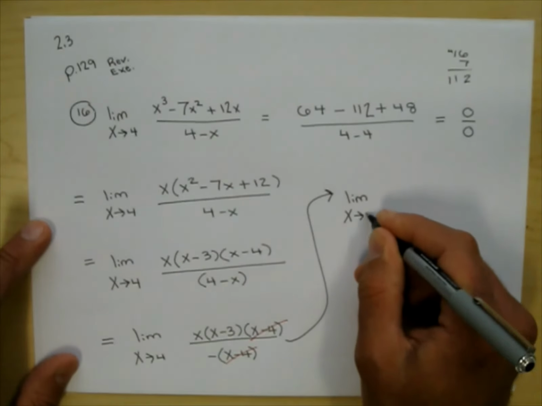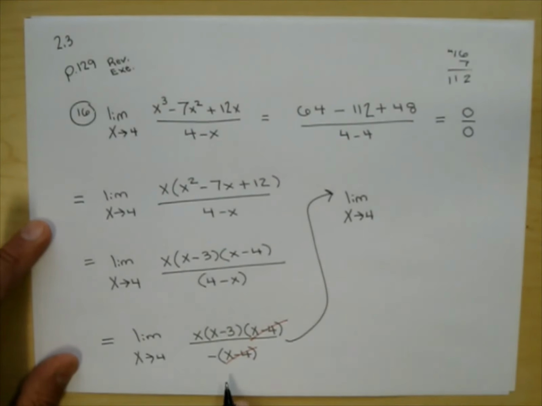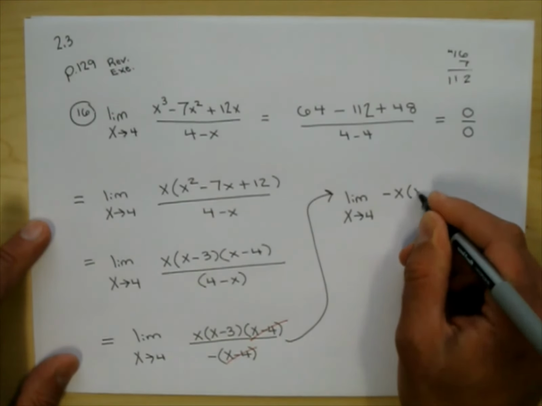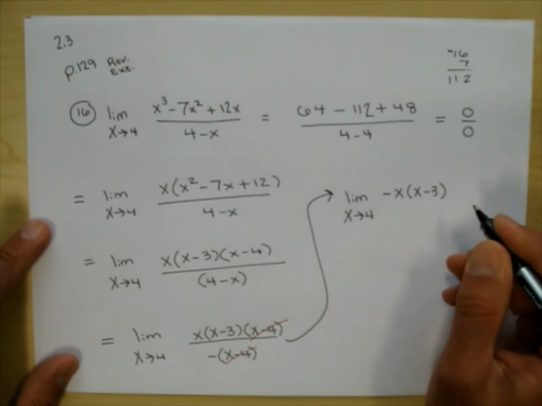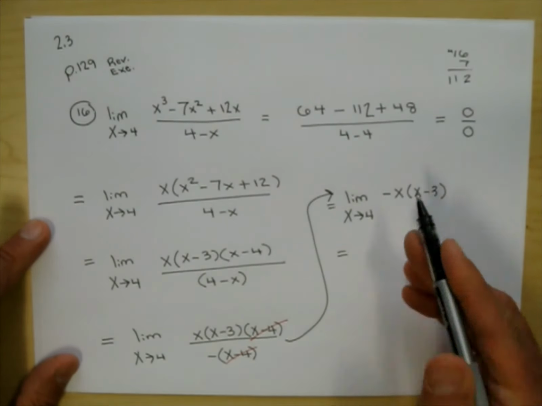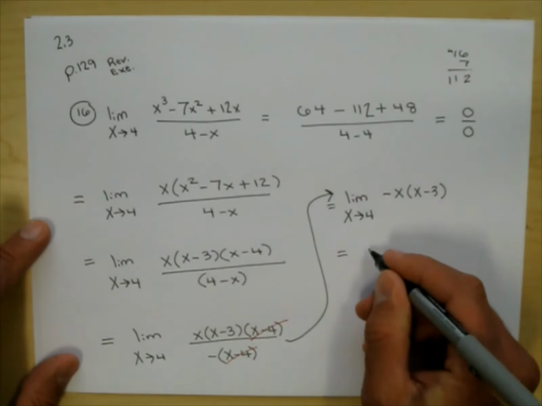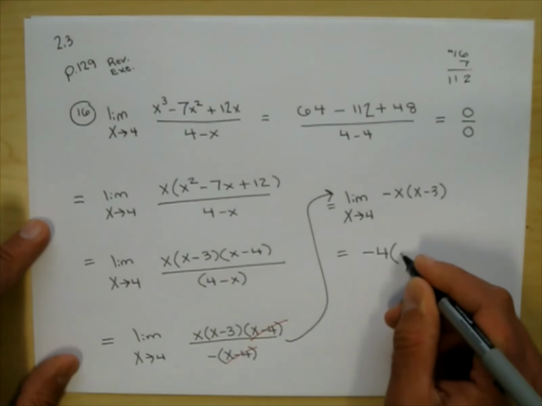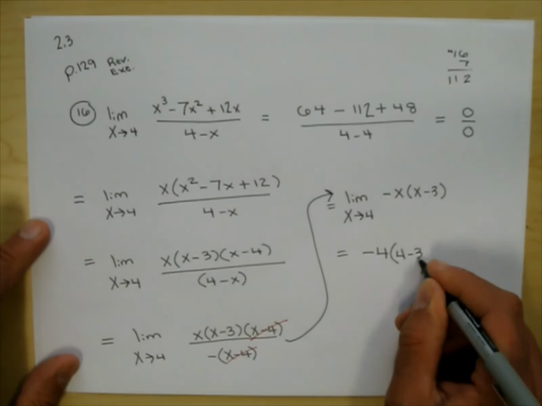So limit as x approaches 4. There's a negative 1 on the bottom. I'm just going to put that negative 1 right in front of that x. So negative x minus 3. Okay, so that equals that. I'm going to go ahead and plug the 4 in, just like I did originally, and see what happens. I end up getting negative 4 times, and then we have 4 minus 3.